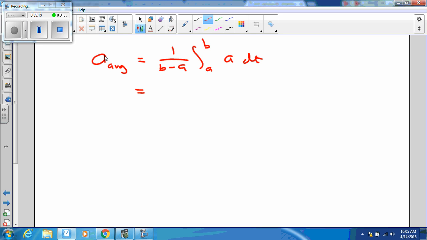The integral of acceleration is going to give you the change in velocity. It's going to give you v of b minus v of a over b minus a, which is delta v over delta t. So the average rate of change, average slope, is literally the average value of the rate of change.